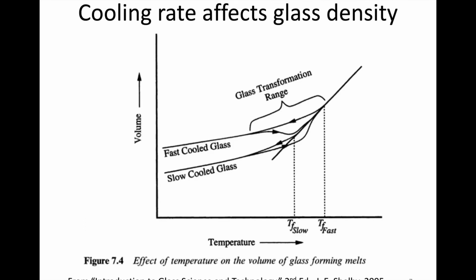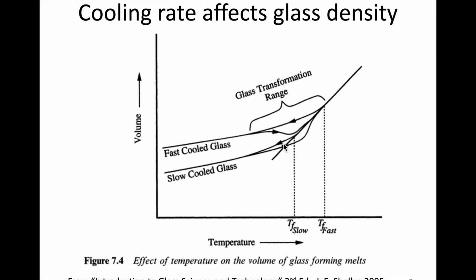All right. Another thing that happens with glass is that the cooling rate affects the glass properties. Something that's cooled very fast has a higher volume. Something that has a slower cool has a smaller volume.